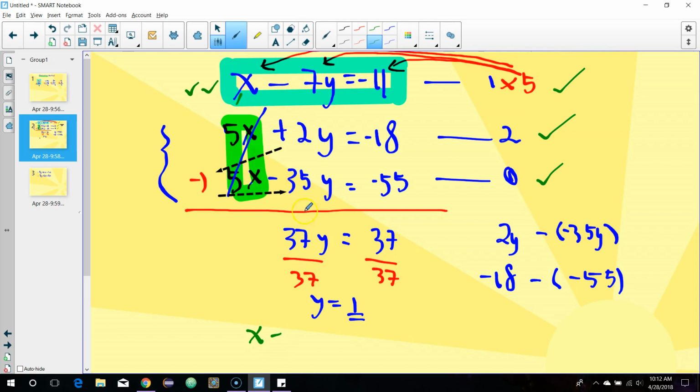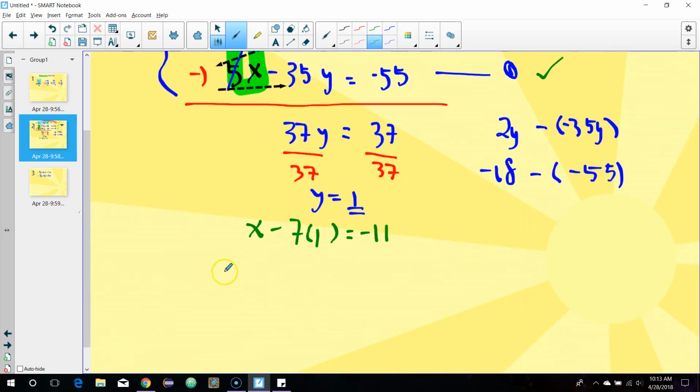Minus, I'm going to copy that. 7, I'm going to copy that. And then y, I'm not copying the y. The reason for that is, just look over here. My y is equal to what? 1. That's what is meant by substitution. You replace that variable by 1. And then carry on copying: is equal to negative 11.